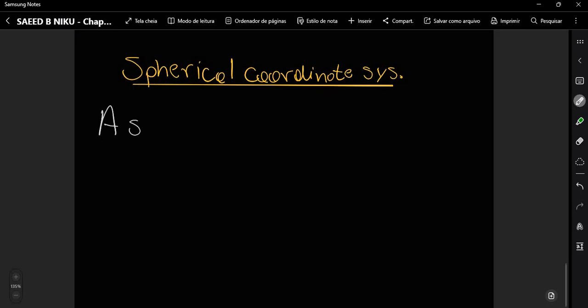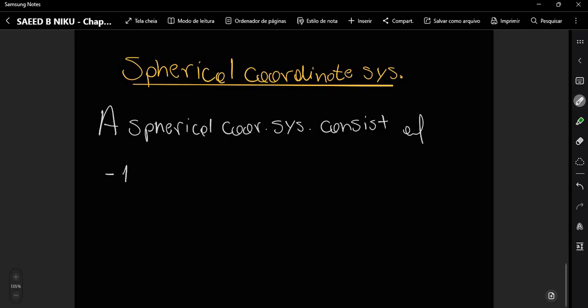A spherical coordinate system consists of one linear motion, which is a translation, and two rotations.